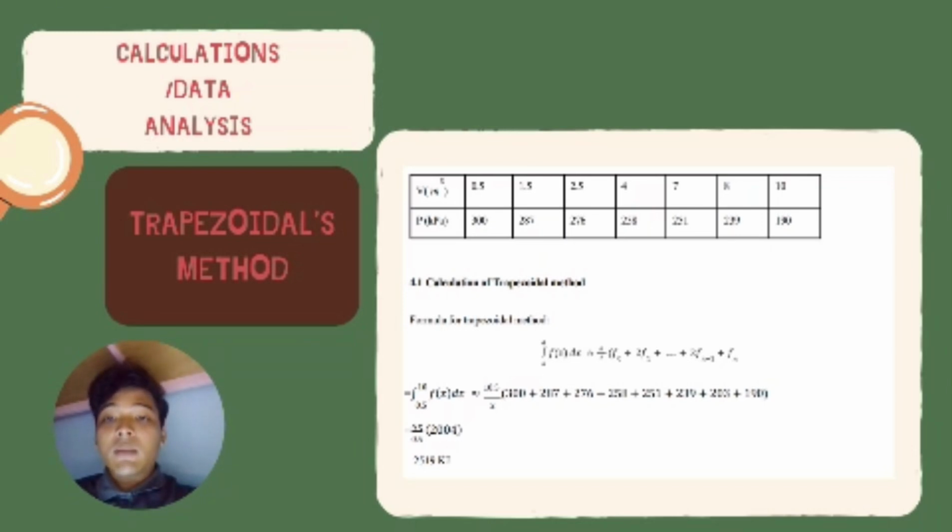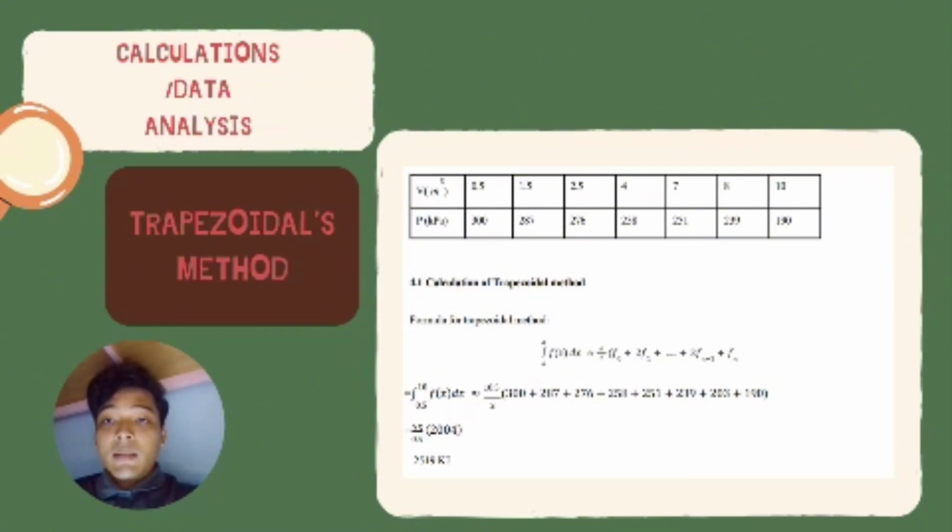For the first step, we need to understand the trapezoidal rule, where we will be using the rule: the integral from a to b of f(x) dx equals h/2 times f0 plus 2f1 plus 2f2 plus ... plus 2f(n-1) plus fn, where h is the step size between consecutive values of x, and f0, f1 until fn are the function values at each point.